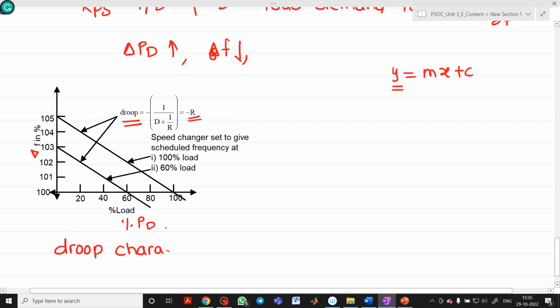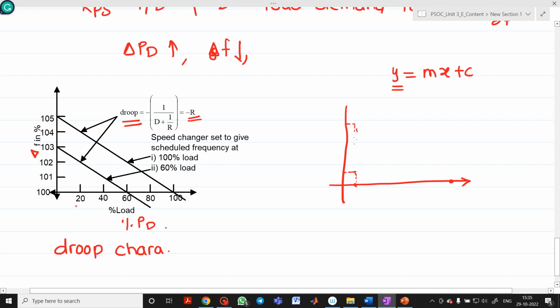Now the question is, why does this diagram look like this? Here, for lesser load, the change in frequency is smaller.